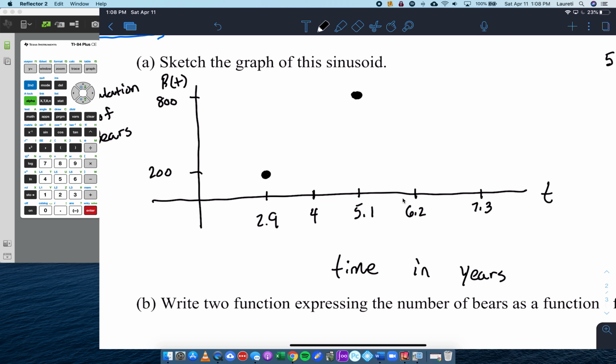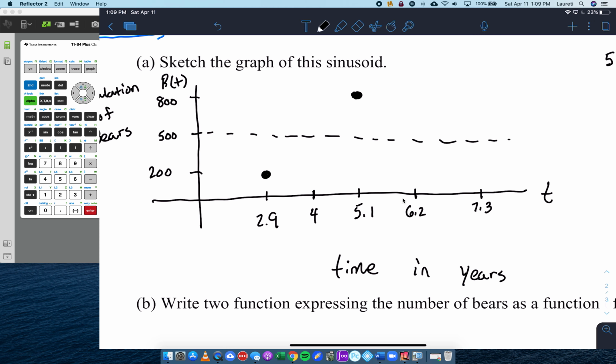All right. Now, you're going from 200 to 800 bears, right? What would be the middle of that? So the difference between the two is 600. Divide that in half, you get 300, right? So 200 plus 300 is 500. So that is going to be your axis point, okay?